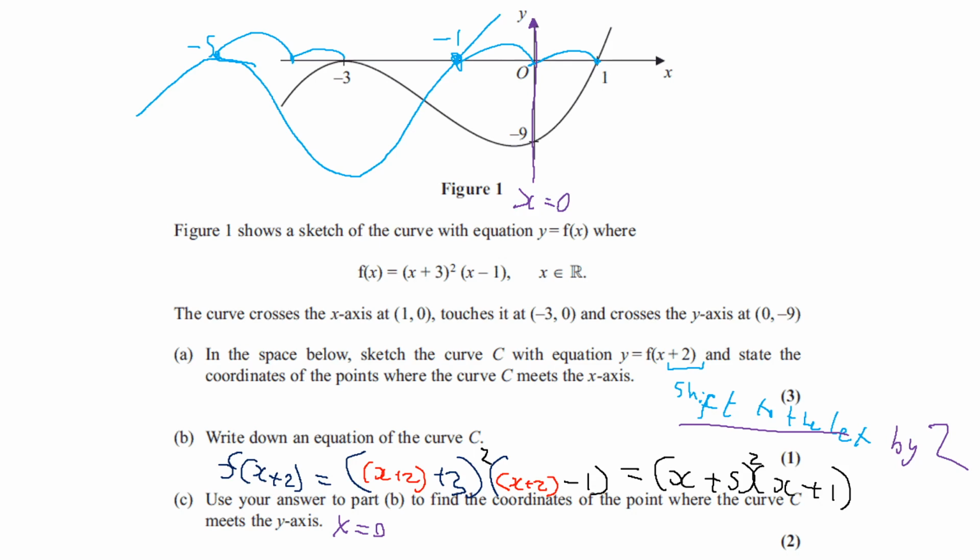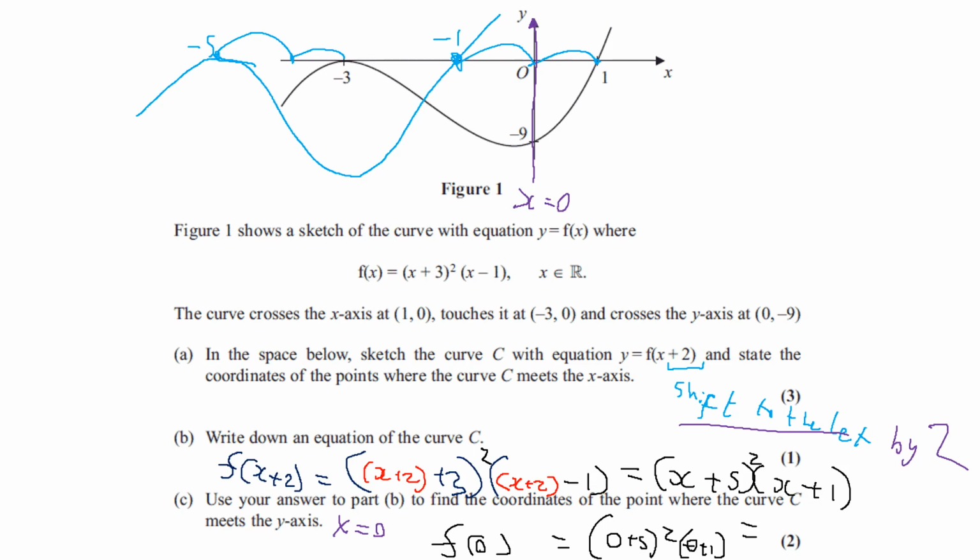So therefore, this equation is simply going to be f of 0 plus 2, or just say f of 0 plus 2. It is simply going to be (0 plus 5) squared times (0 plus 1), which is the same as, what's 5 squared? 5 squared is 25, times 1.